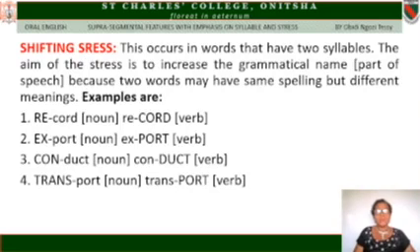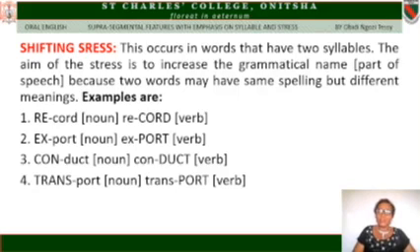This occurs in words that have 2 syllables. The aim of the stress is to indicate, please take note of that word, the grammatical name. When you use shifting stress, it is used in words that have 2 syllables, mainly.